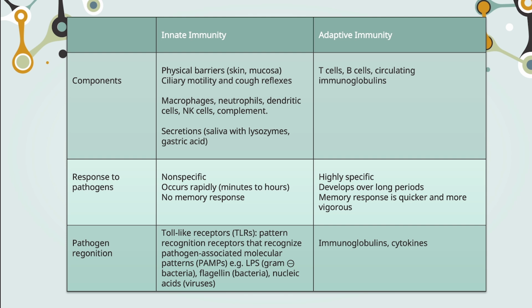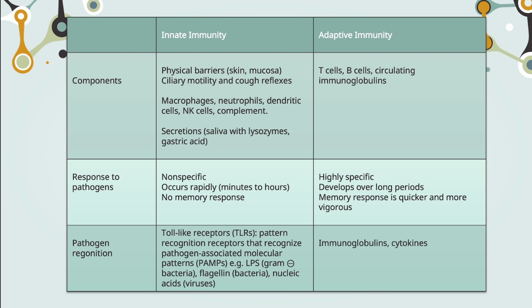But this specific immunity develops over long periods of time. It does not happen rapidly. And during that duration, it's innate immunity which protects us from the pathogens. During the development of adaptive immunity, we need some kind of protection, and that protection is provided by innate immunity.